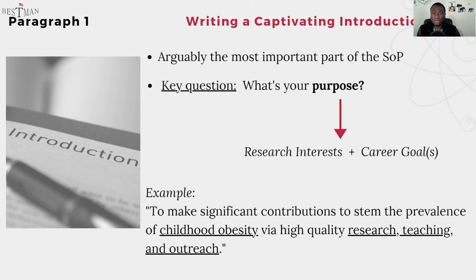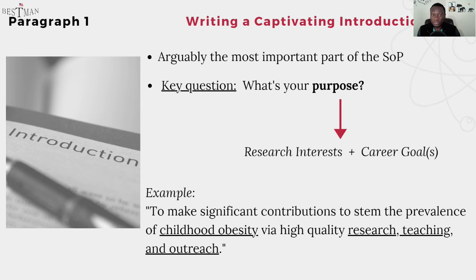So paragraph 1, writing a captivating introduction. Now, I've talked to a lot of graduate admissions committee members during my stay at Oklahoma State as a graduate college ambassador, and this paragraph is usually the most important part of your statement of purpose, because right from the start they should be able to know what your goals are and why you need this particular PhD or master's position to attain that goal.